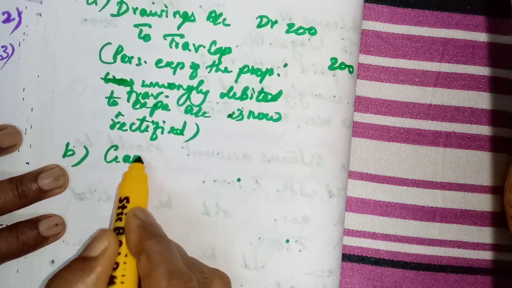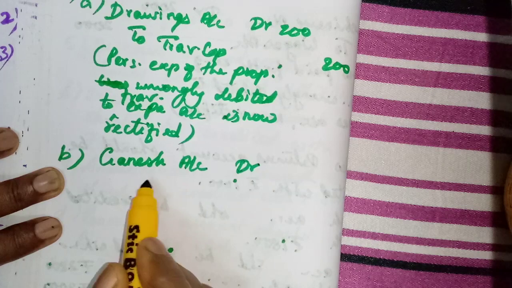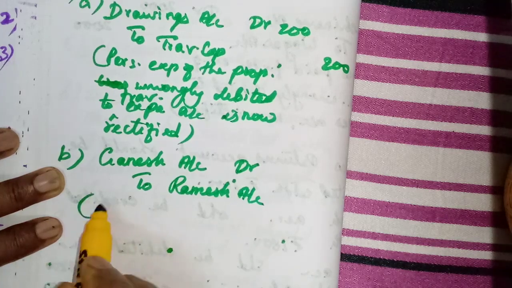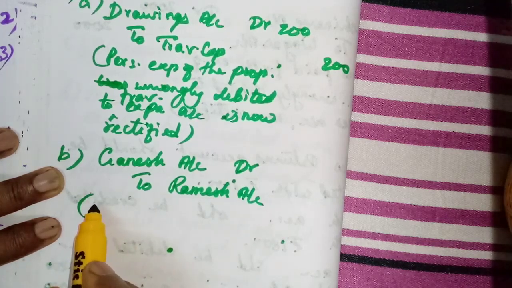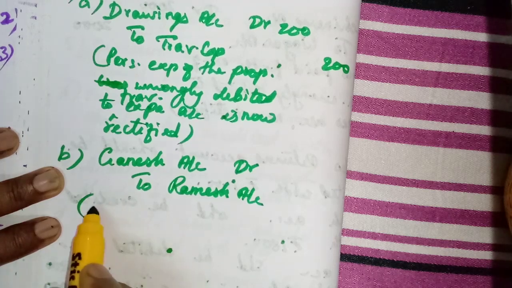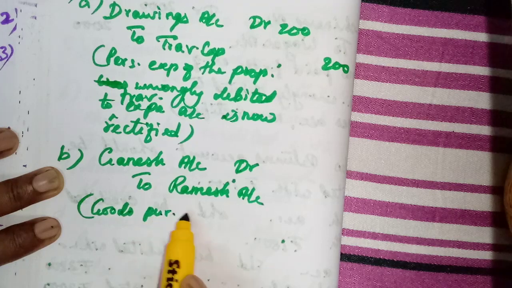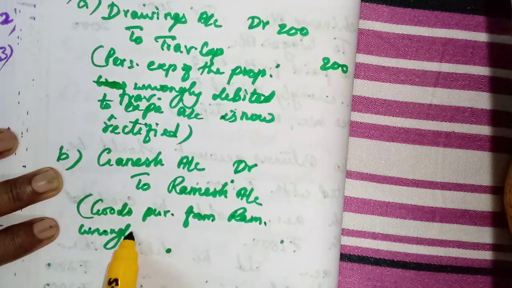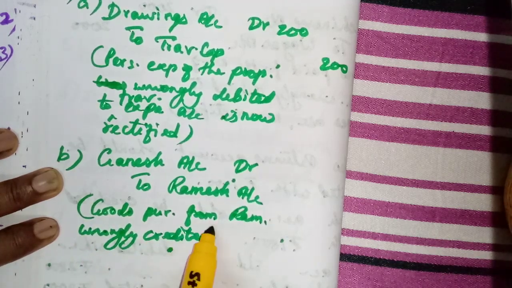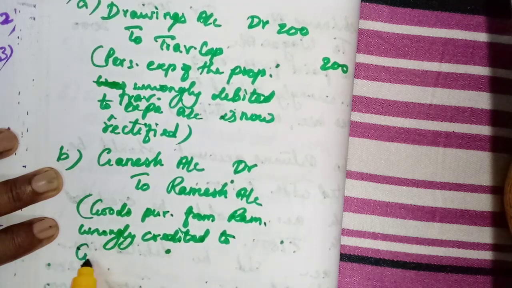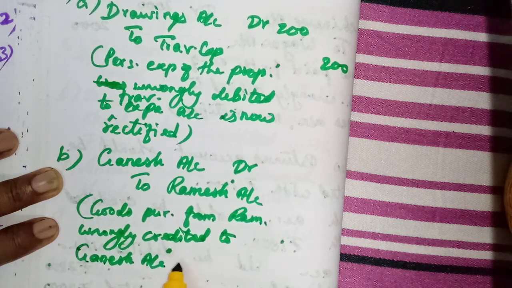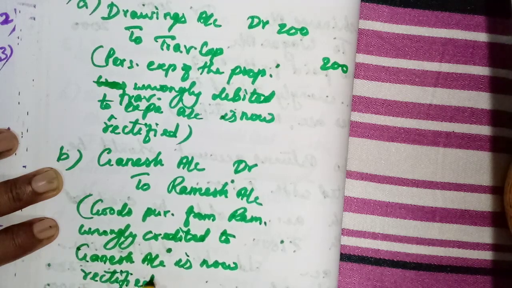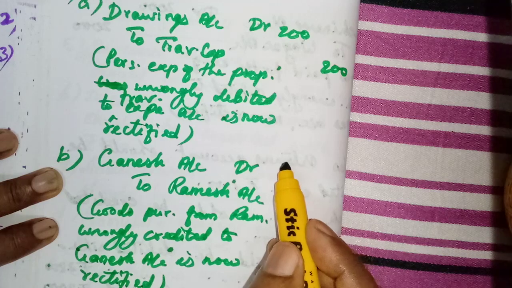For the narration, write: goods purchased from Ramesh wrongly credited to Ganesh account is now rectified. Amount 400.